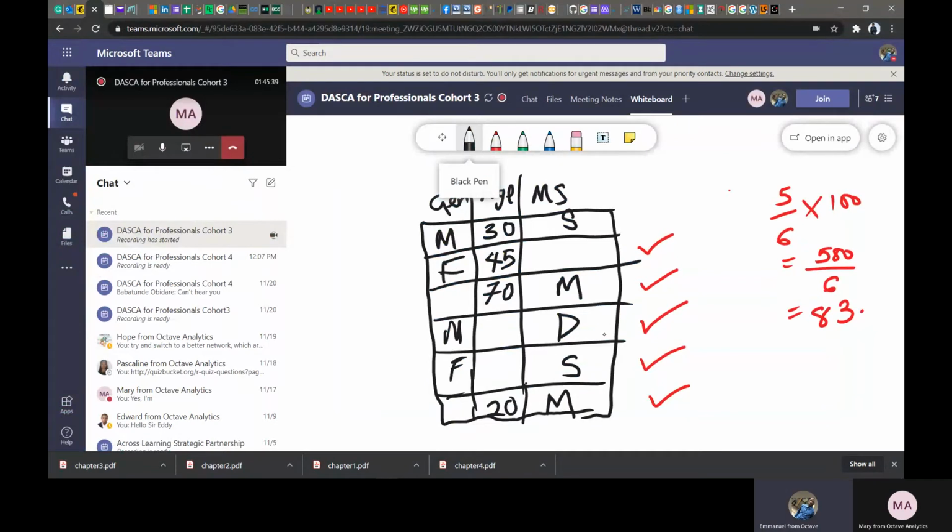If I want to guess the gender of this person, I can use these two remaining records to guess. Why can I use that? Because if you take a look, for someone at age 20 to be married, I don't expect that person to be a guy.